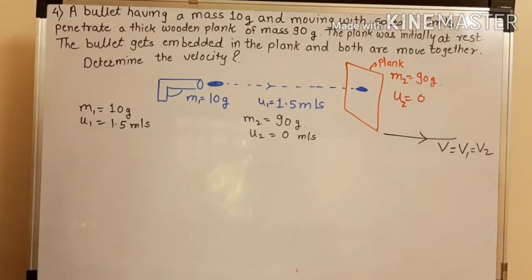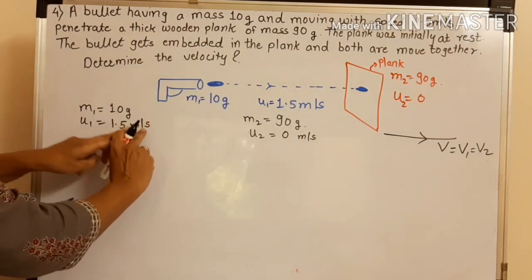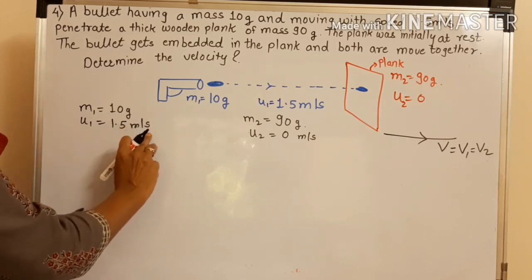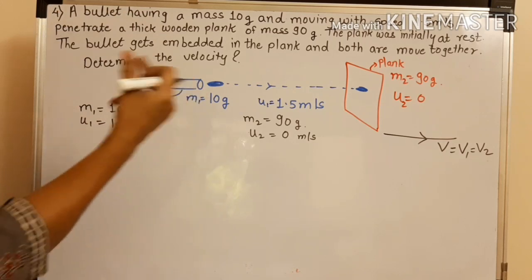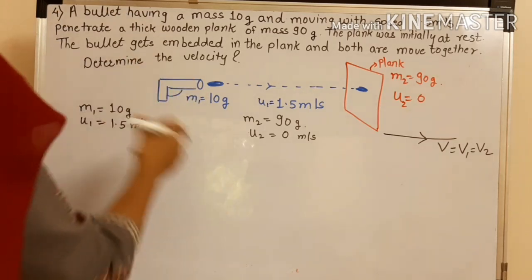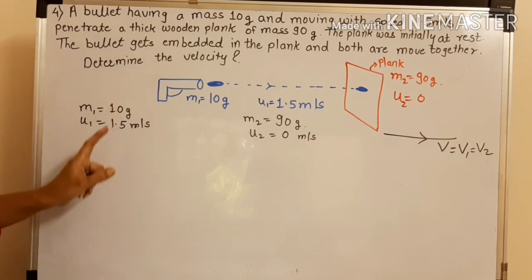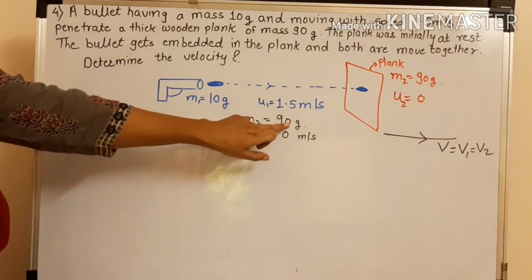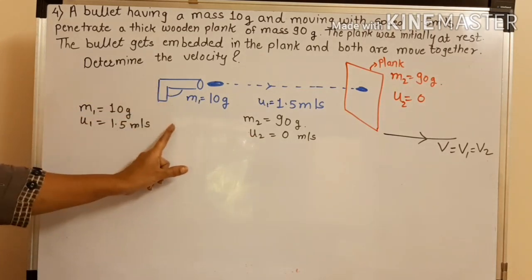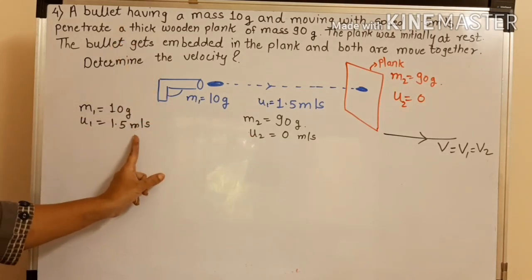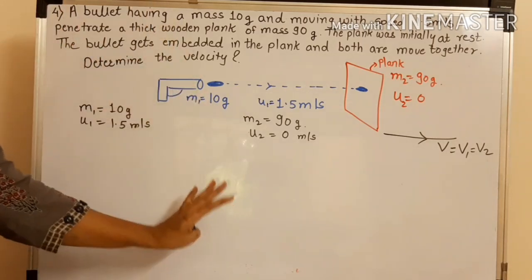Now if we observe, meter per second is the SI unit, so we convert this gram into kilogram. To convert gram into kilogram, divide this 10 by 1000. Similarly, 90 by 1000, because SI units are given here. We solve all the problem in the same unit.